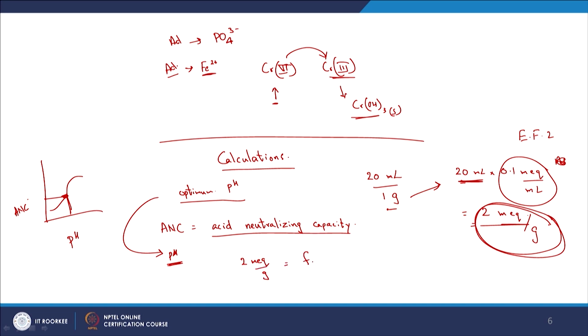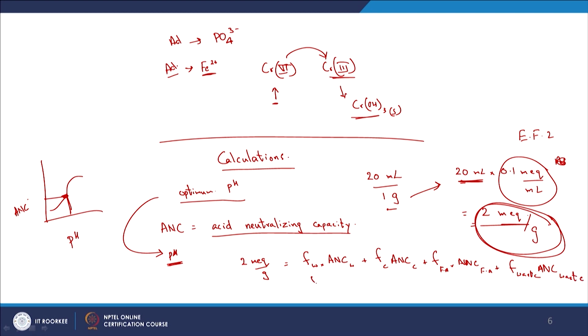It's going to be the fraction of water into acid neutralizing capacity of water, plus fraction of cement into acid neutralizing capacity of cement, plus fraction of fly ash into acid neutralizing capacity of fly ash, plus fraction of waste into acid neutralizing capacity of waste, right?